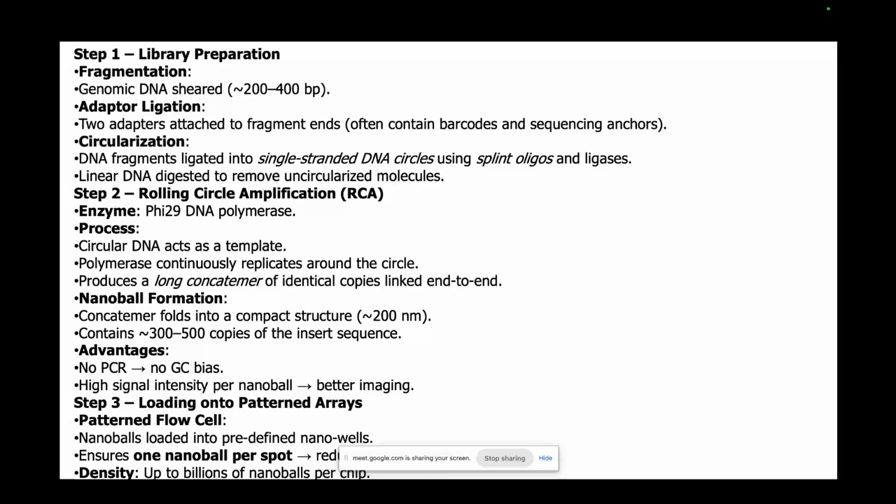So yeah, this is the main USP of nanoball sequencing: you create those nanoballs without the help of PCR, so you do not have GC bias. And since a lot of DNA is compacted in a smaller structure, the signal that you're getting is very intense. You have high intensity, and basically you have better imaging for that.